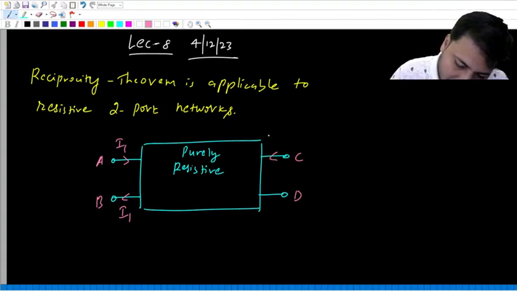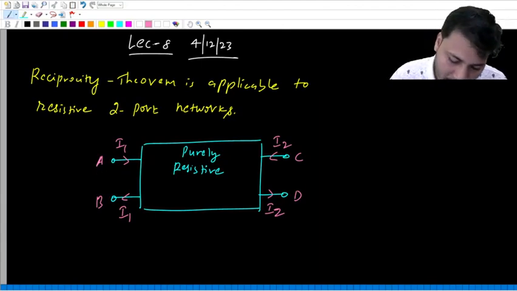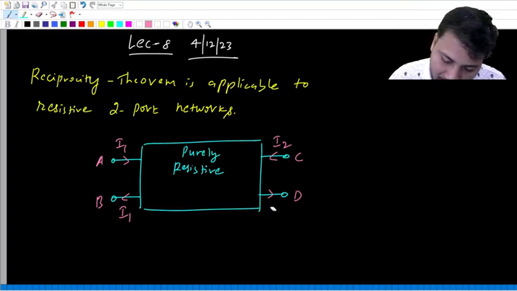If the current flowing into the network at terminal C is some I2, then the current flowing out of the network at terminal D also must be I2. So for A and B, I1 entering, I1 leaving. For C and D also, I2 is entering, I2 is leaving. So in this way, C and D will also form a port.